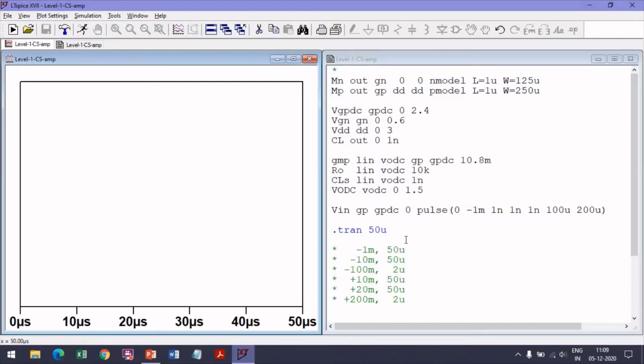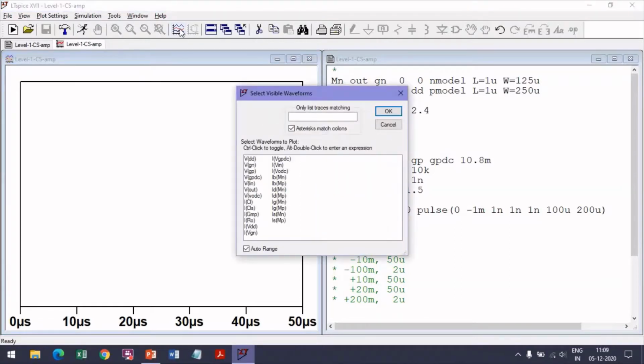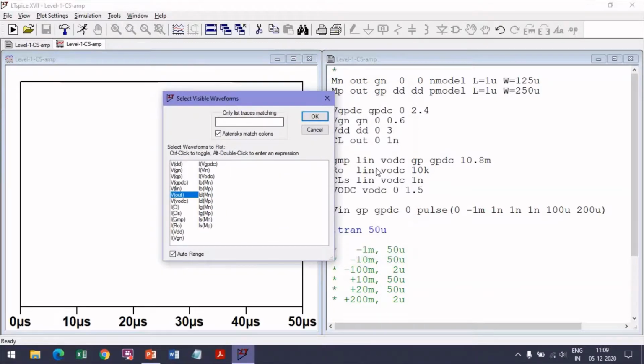So right now there is an input step of -1 millivolt, and let us see what the output looks like. We look at the output from the actual circuit and the output from the linearized circuit, and we'll compare them both.